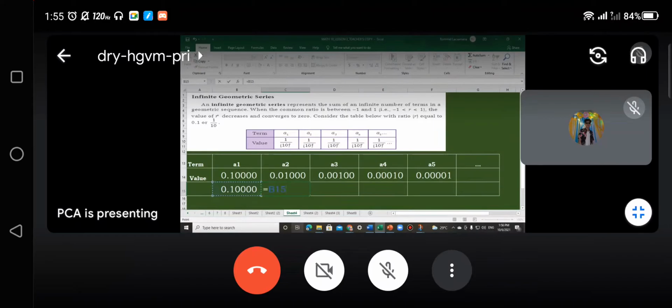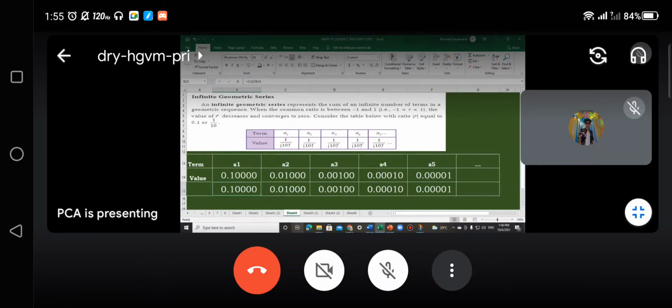If I'm going to multiply the first term with 0.10, what happens? It gives me that. So if I have my first term, I'm going to just multiply it with the first term because it's the same as the ratio. In this case, the first term is equal to the ratio. Did you get it? So I have that.